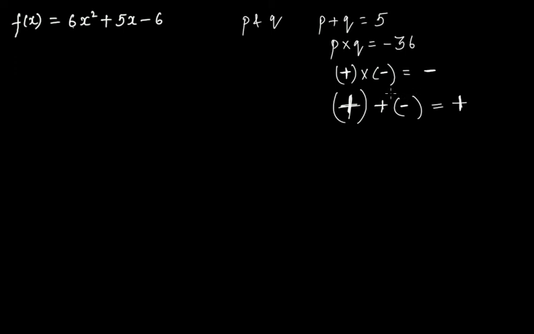Okay. Now this p plus q is equal to 5 and p multiplied by q is equal to minus 36. It means that we'll have to take all the positive and the negative factors, because now we are dealing with a negative product.